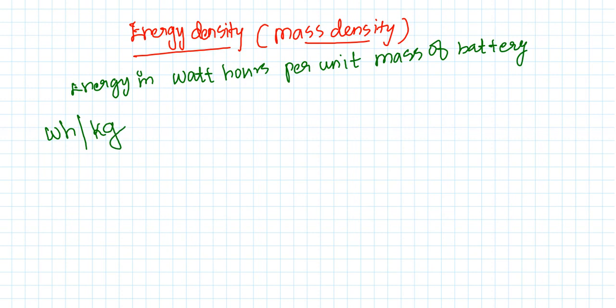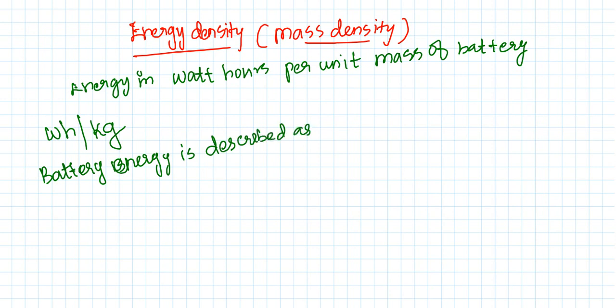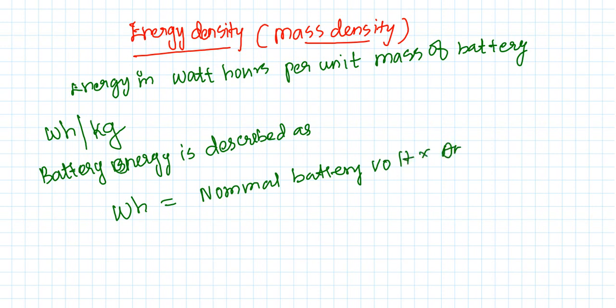To calculate the watt hour, the battery energy is described as watt hour equal to nominal battery voltage into ampere hour capacity.